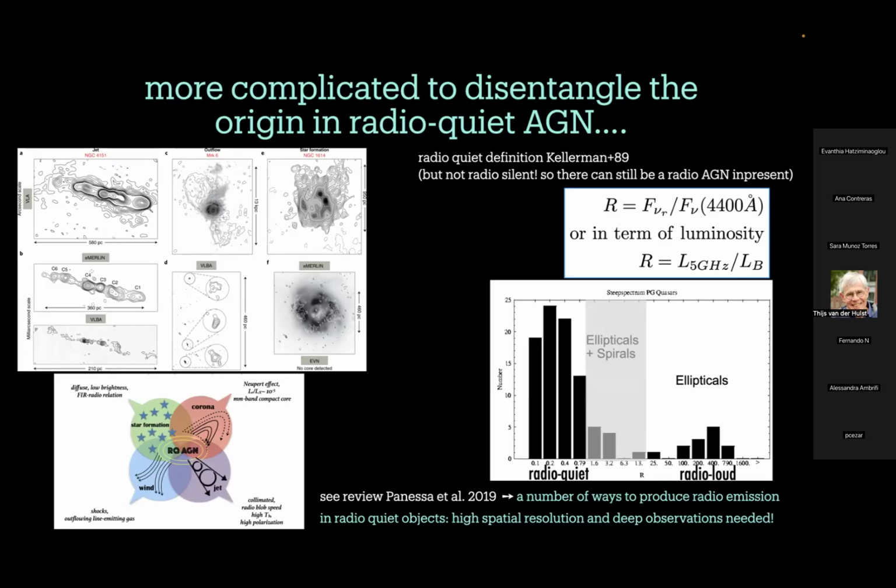And in most of the cases, this can only be done if you have a very high resolution observation, so that you can see mini jets, then likely AGN, or you can see lobes, but then you can also see a ring coinciding with star formation, so you can read nuclear star formation. So there is an entire community working on this. If you have any question, go to Annelies.